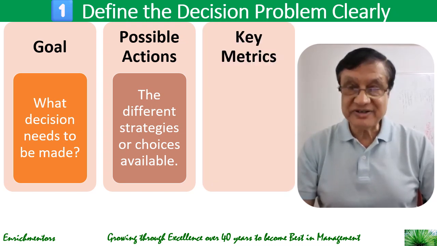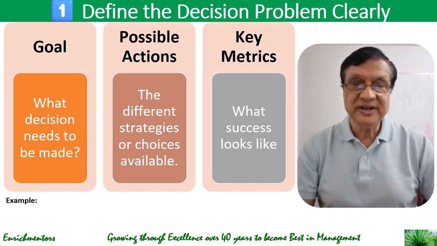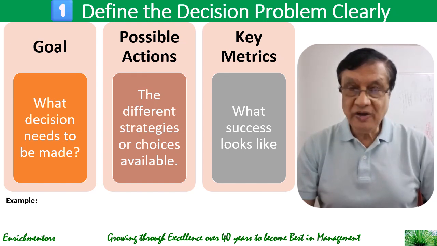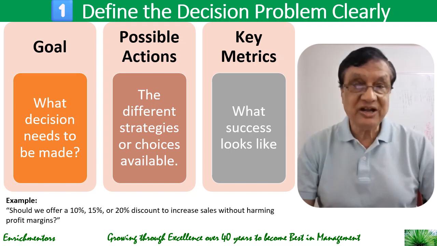And what are the key metrics, like what success looks like? Is it revenue, cost, customer satisfaction, etc.? A good example of such a clearly defined decision problem would be, should we offer a 10 or 15 or 20% discount to increase sales without harming profit margins? That will be a good, clear definition of a decision problem, right?